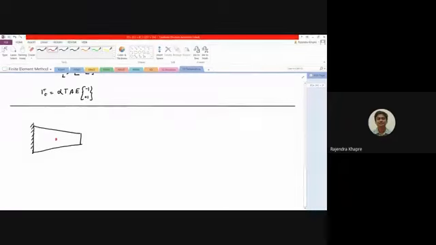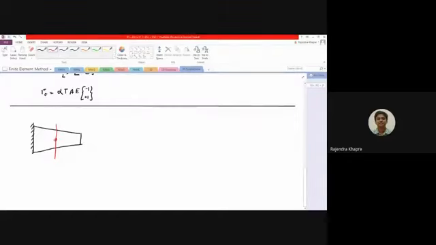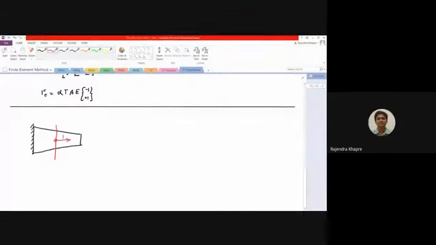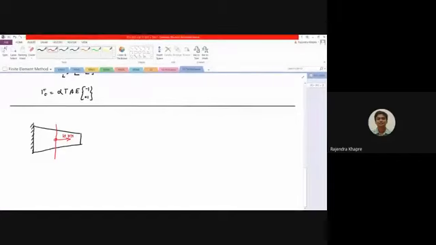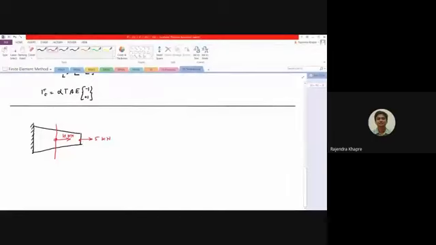Oh, the line is gone. So this is at the center. At this point we have a load which is acting, its magnitude is 10 kilonewton. And at the same time at this point, the load is also acting and its value is 5 kilonewton. So this is what is given to you, right?